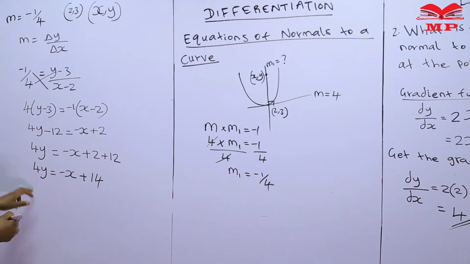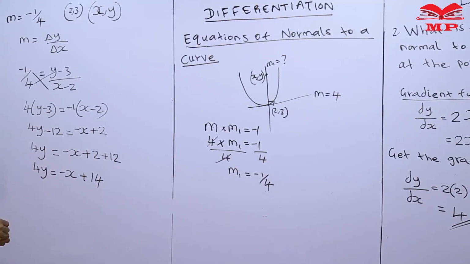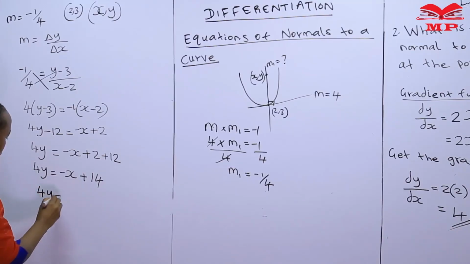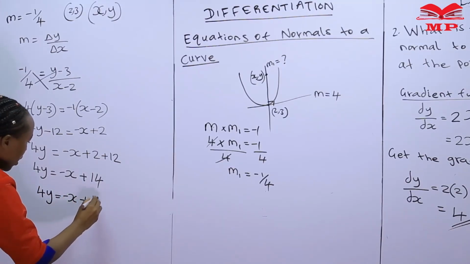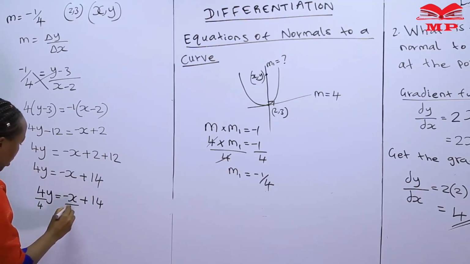We can leave it at this, it is correct, or we can move ahead and write it in the form y = mx + c. So we have 4y equal to -x plus 14. We divide by the coefficient of y, which is 4.